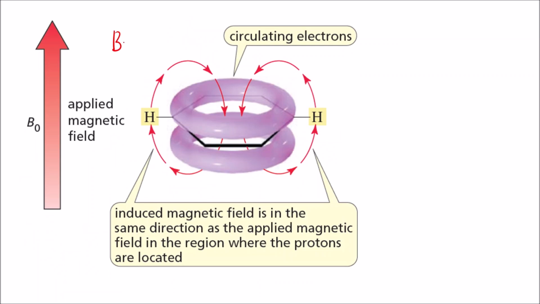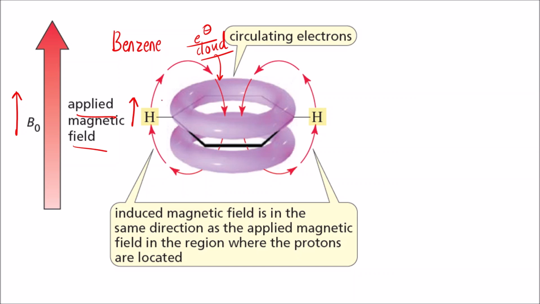The first example is benzene. Here you can see the purple, which indicates the electron cloud on the benzene ring. If you see the direction of the induced magnetic field at this proton, it is the same as that of the applied magnetic field.